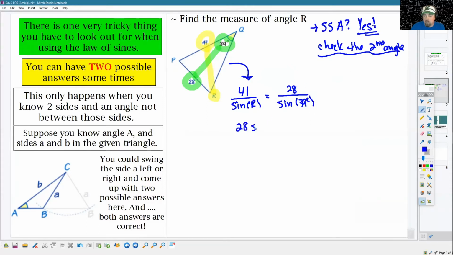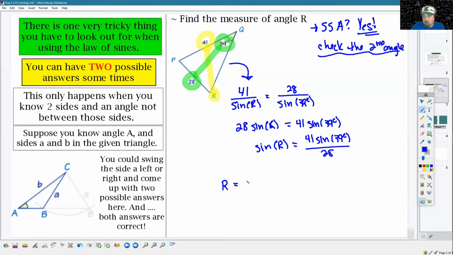So that's 28 sine of R, and that's equal to 41 times the sine of 39. So let's go through all our algebra steps here. That's going to be 41 sine of 39 degrees divided by 28, and then to move the sine over, we get the inverse sine.